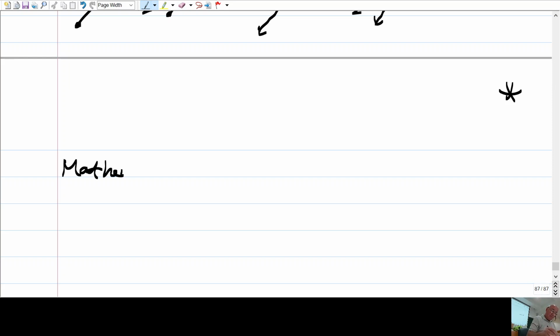Let me write mathematical or algebraic representations of vectors.